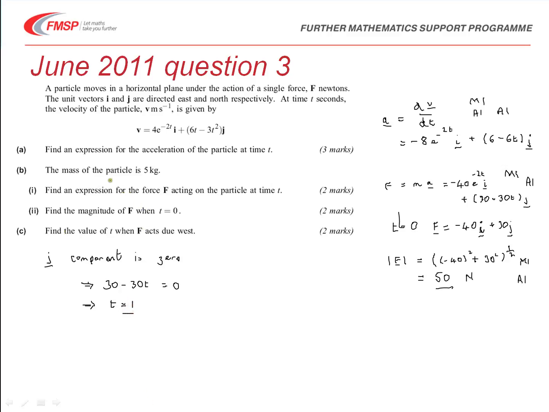Again, 2 marks for that: a method mark for realising that the j component has to be 0, and then a mark for getting the correct value of t.